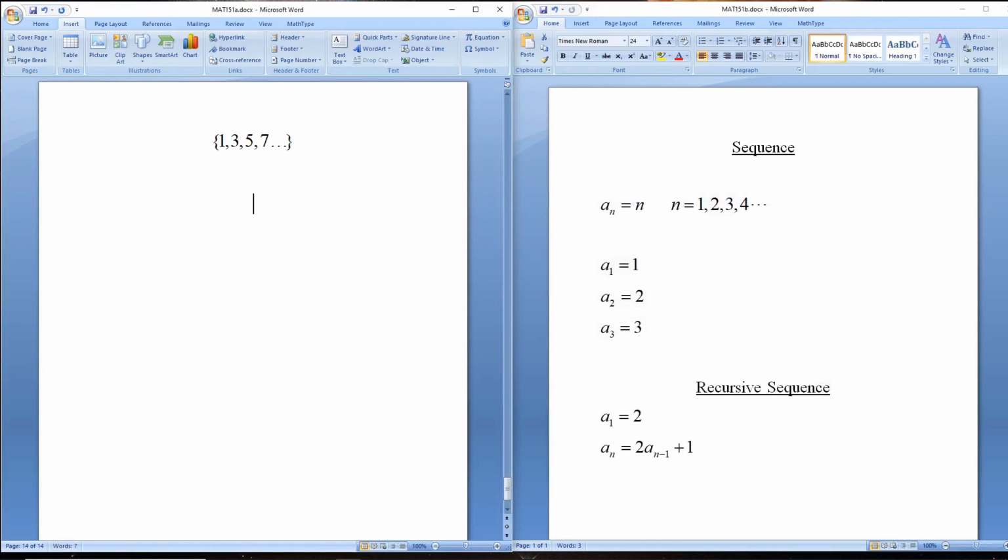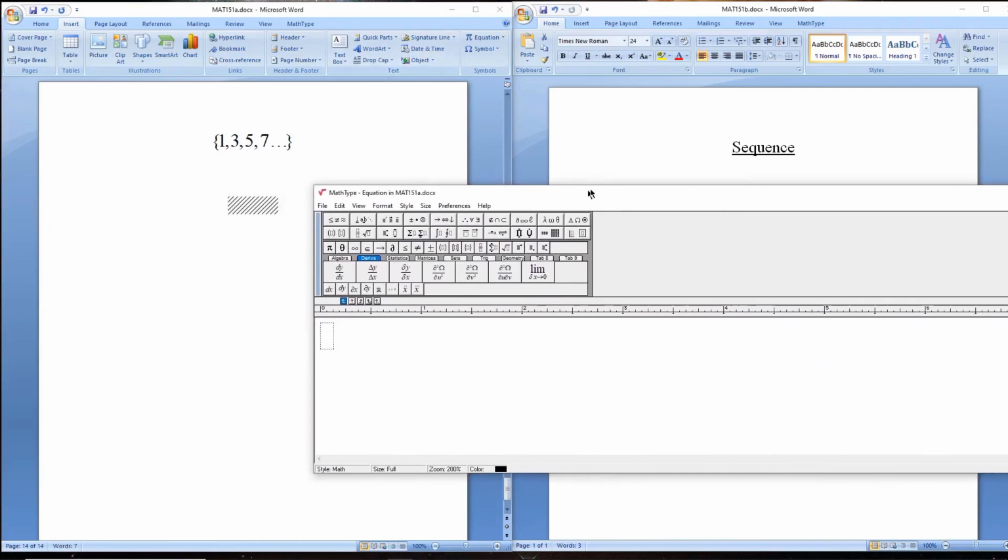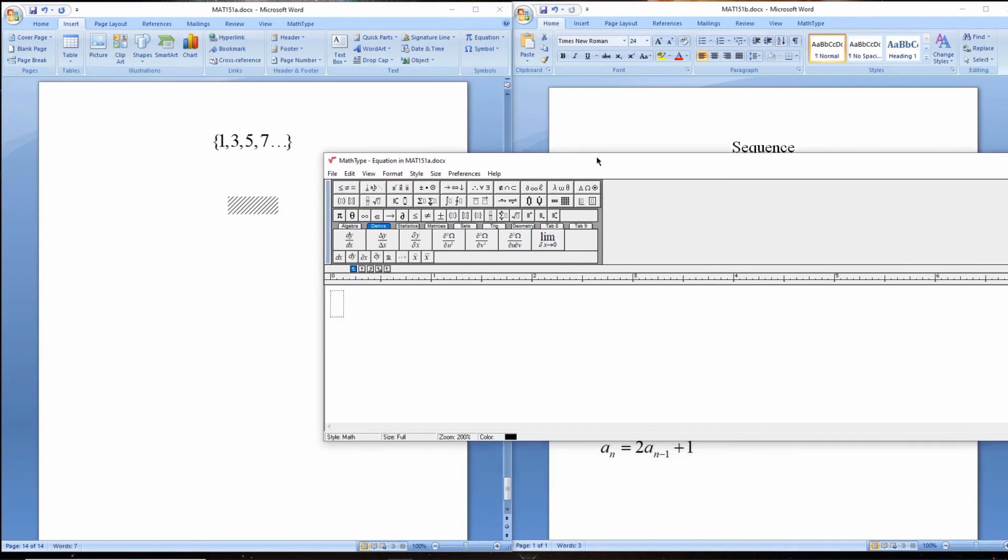This is a pretty common sequence, listing out odd numbers. And what this sequence is does depend upon if you start at n equals 0 or n equals 1. I'm going to stick with what the book does and start with n equals 1. And 2n minus 1 will list out all of the odd numbers.